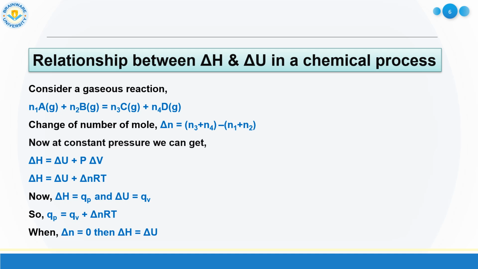Now for a constant pressure process, we can get delta H equal to delta U plus P delta V, and instead of P delta V, if it is an ideal gas, we can write delta n RT. Since delta H is QP and delta U is the heat change at constant volume, we can write QP equal to QV plus delta n RT.